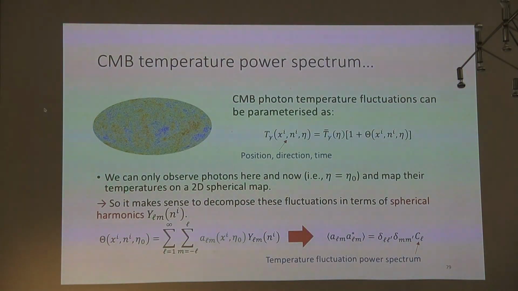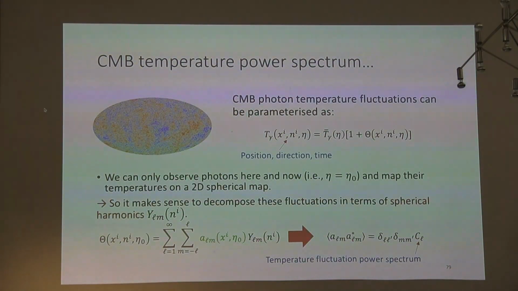Now, that's the general expression you write down for the temperature fluctuation. But when you make an observation of the CMB sky, you actually project all these fluctuations. What you see is essentially a projection when you look around, so around 4 pi around you, and the projection is essentially done on the surface of a sphere. Okay, so this map over here is really a two-dimensional spherical map.